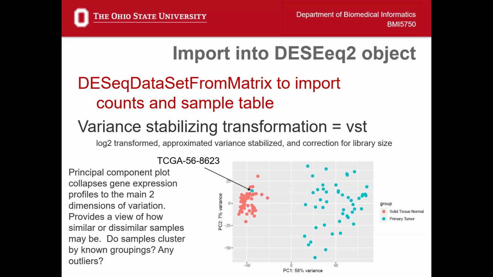This allows us to understand whether the differences in our data can be explained by any of our clinical measures. You can see there are two clusters. Can these two clusters be explained by the groupings that we want to use for our differential expression analysis? Are there any samples that are not clustering with their group?